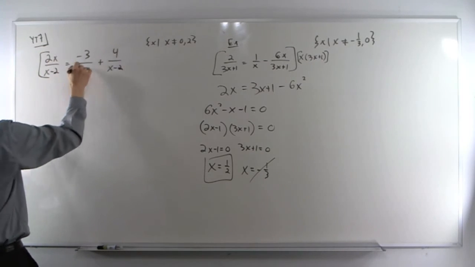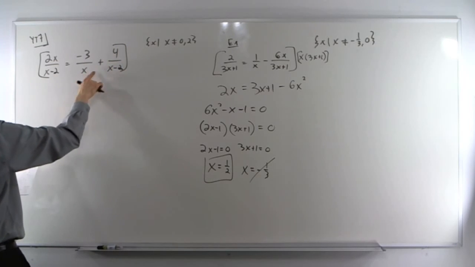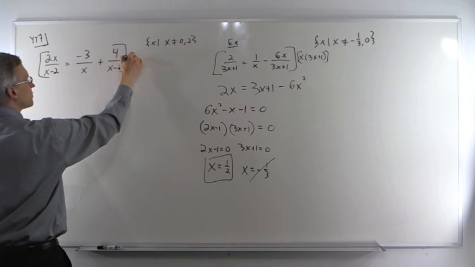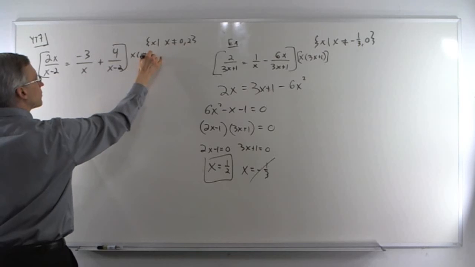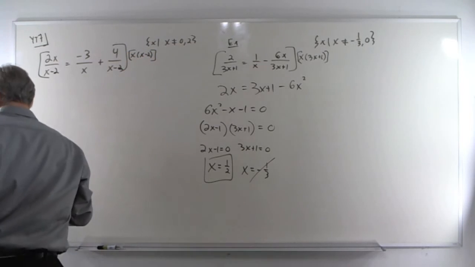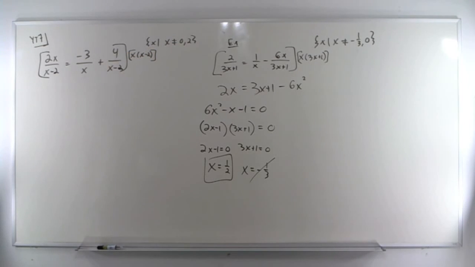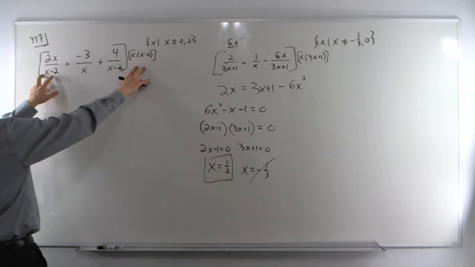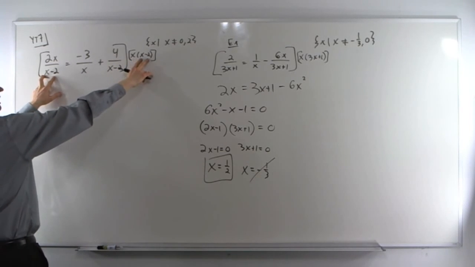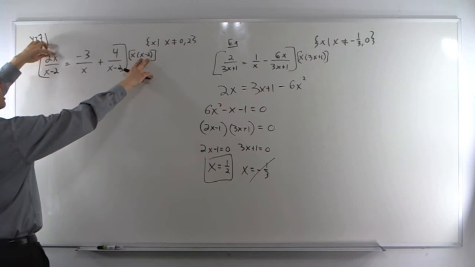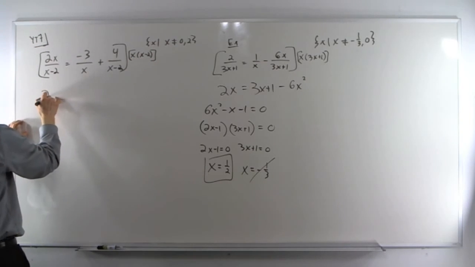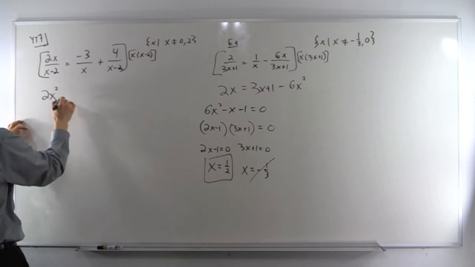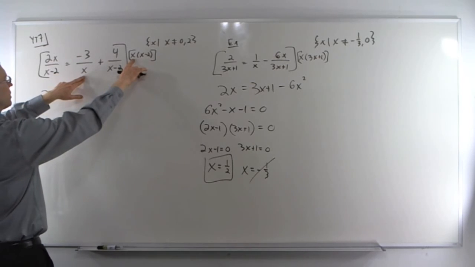Now we're going to multiply this by the two unique factors, x and x minus 2. Okay, so distributing in, the x minus 2's cancel, leaving 2x times x. That is 2x squared.